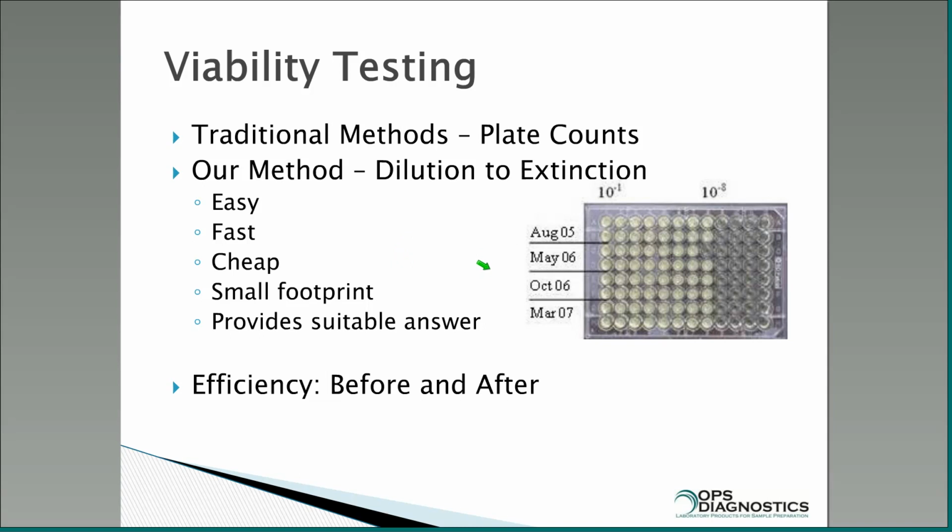But in this, all we do is we take a plate like this, a sterile plate, put a broth in it, so it's tryptic soy broth or whatever, and we take our vial. And one thing I don't have down here, which I meant to put in, is after you freeze dry your sample, you have to rehydrate it, and there's a lot of different ways to do this.